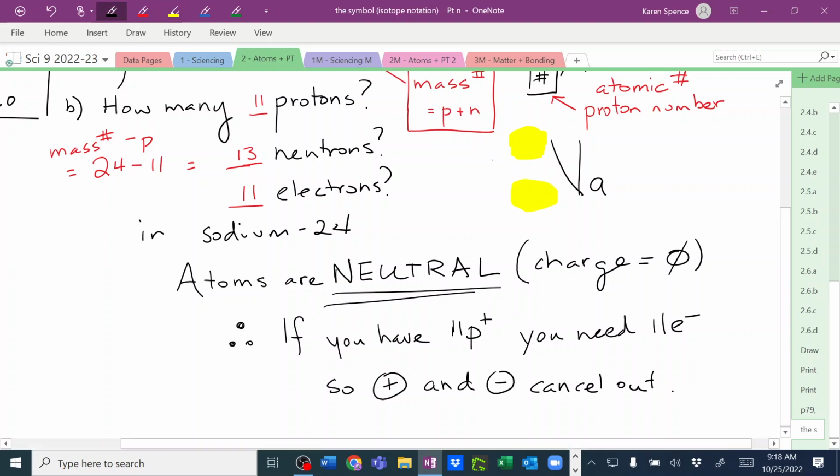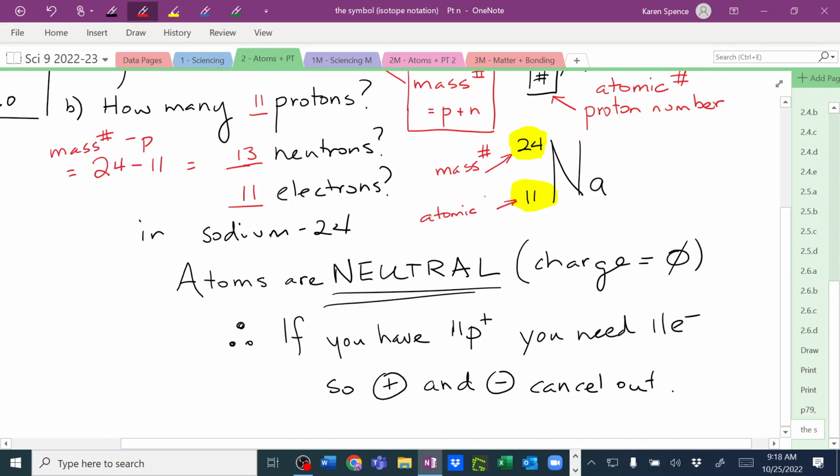What number goes on the top? Mass number, so that's 24. And what number goes at the bottom? The atomic number, so that's 11. So this is the mass number, and this is the atomic number.